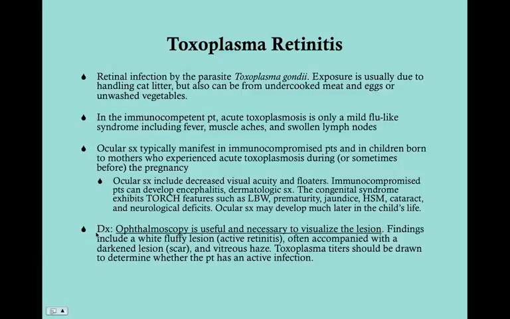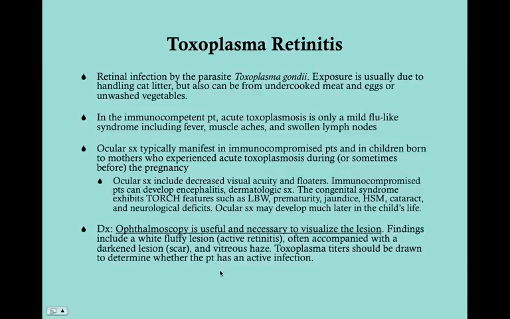For diagnosis, whether this is the immunocompromised patient or the baby with suspected congenital toxoplasmosis, ophthalmoscopy, referral to an ophthalmologist is going to be necessary to visualize the lesion. Typically, what we see with Toxoplasma retinitis is this white fluffy lesion, which is the active retinitis, and a lot of times this is accompanied with areas of scar tissue, which is where the retinitis was, but the Toxoplasma has since died and has left a scar.